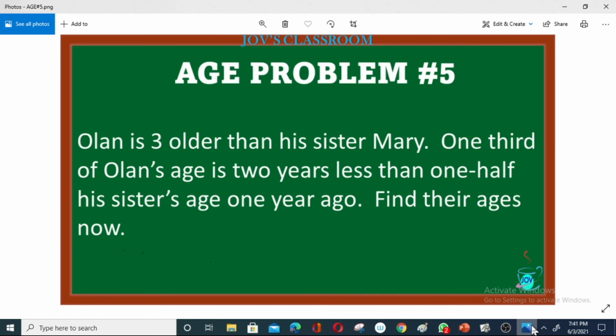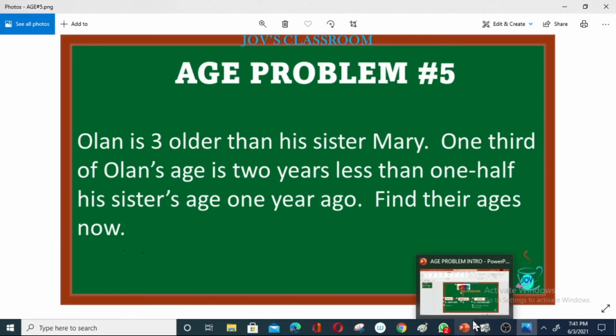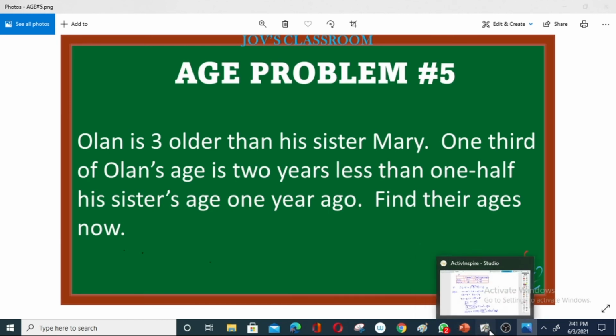Olan is 3 years older than his sister Mary. 1/3 of Olan's age is 2 years less than 1/2 his sister's age 1 year ago. Find their ages now. So there are 2 involved persons.